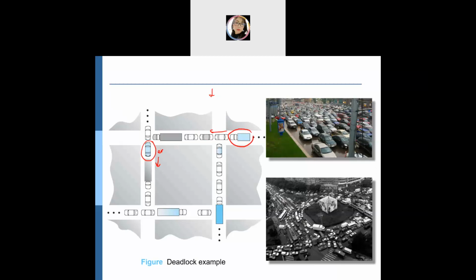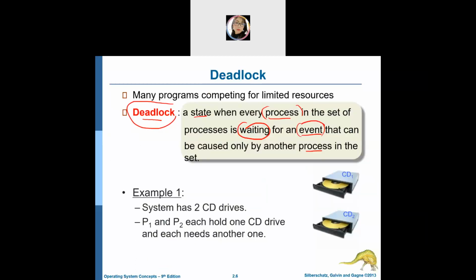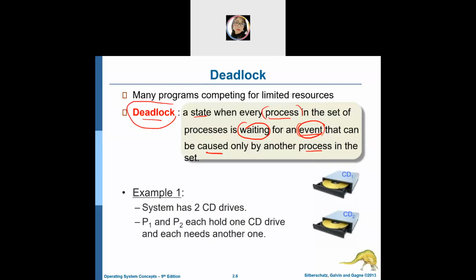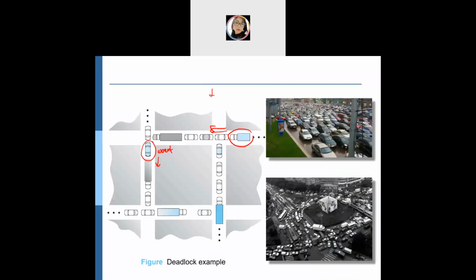So this is the event that can be caused for this lorry, or a process, to start or to be in another process in the set. This is the thing under deadlock.